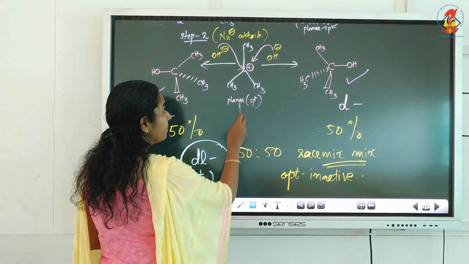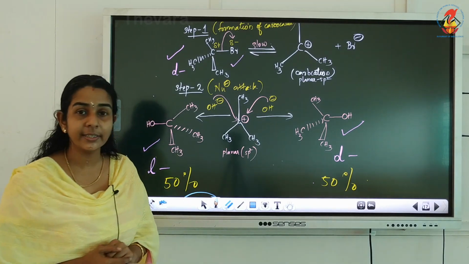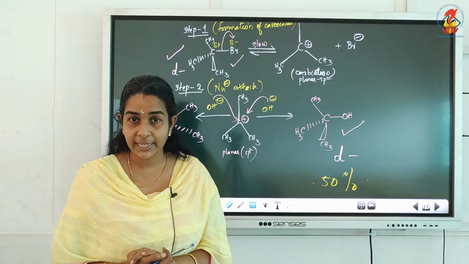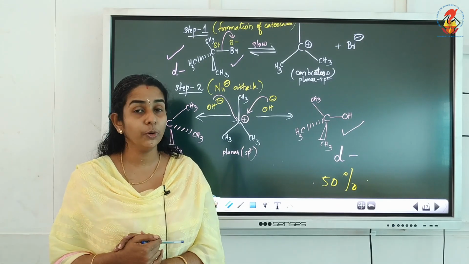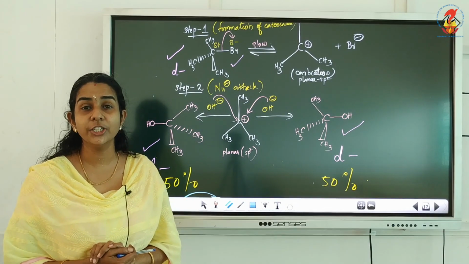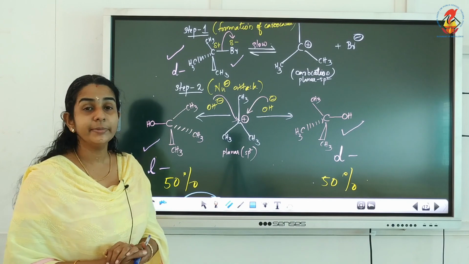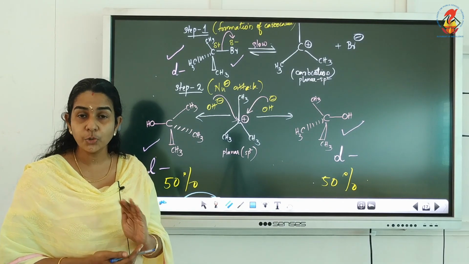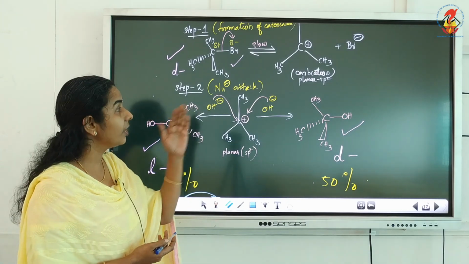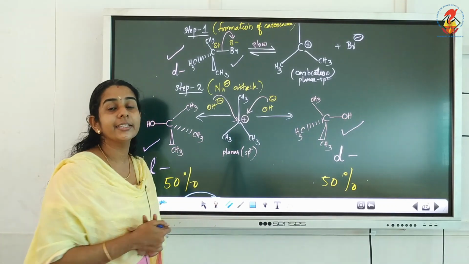Okay, so remember, what is the main difference between the SN1 and SN2 mechanisms? In SN2, the leaving of X minus and the attack of the nucleophile both take place simultaneously. But the SN1 mechanism takes place in 2 steps. Step 1 is the formation of carbocation, which forms when the halogen leaves as X minus.